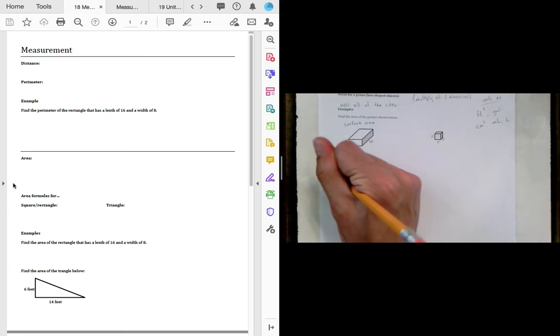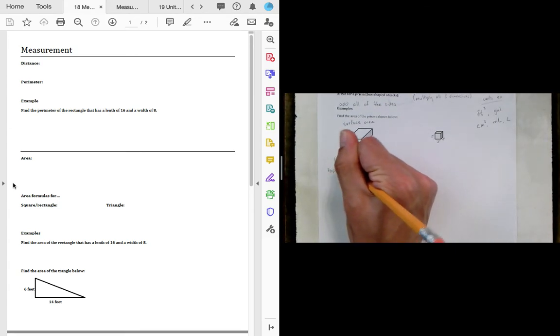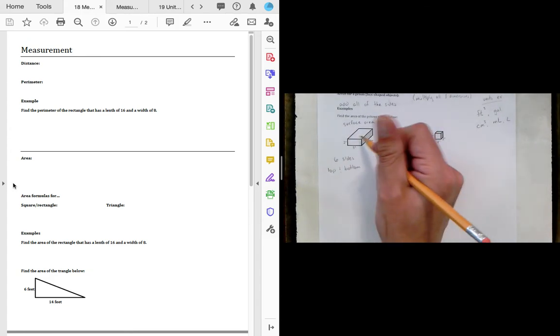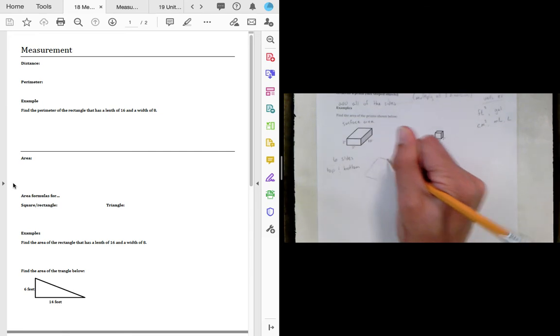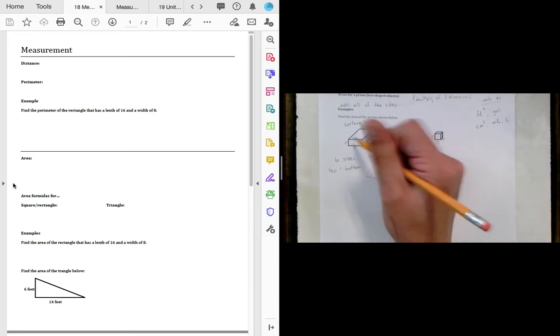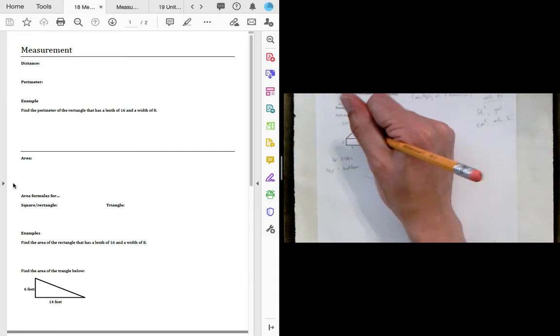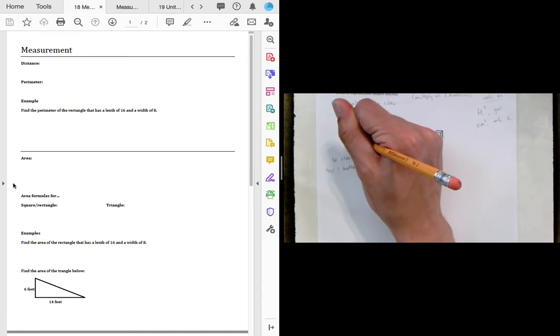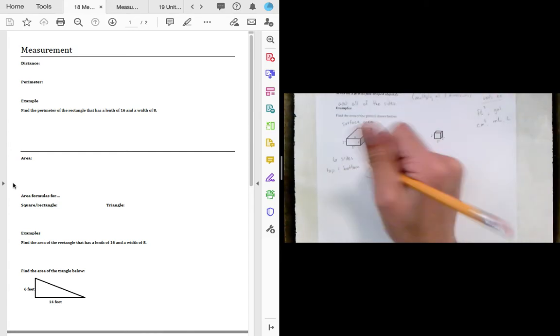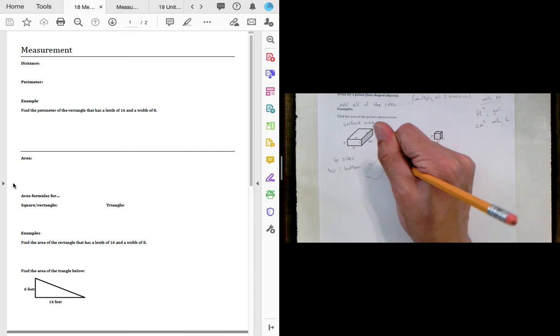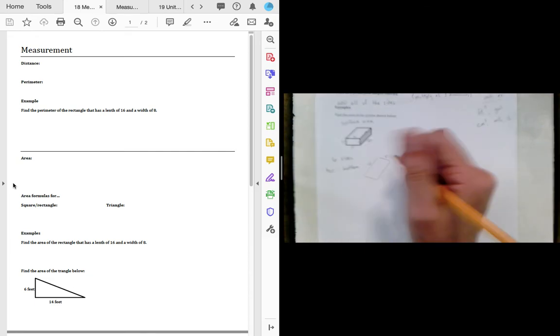It has a top and a bottom. And the top and the bottom are shapes that look like this. On the top, we have a length of 10 here, and we have a length 5 here, and we have a height of 2 total. So the top box is going to be a 10 by 5, and the bottom is also a 10 by 5.